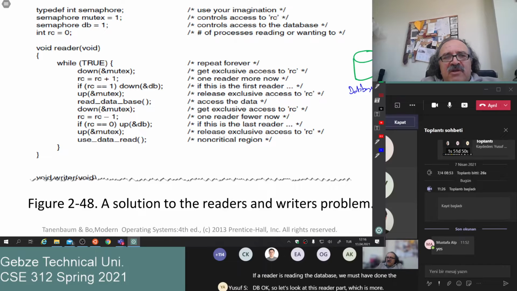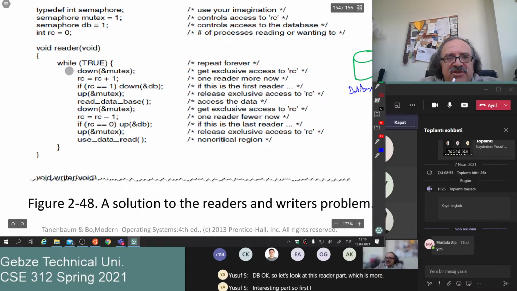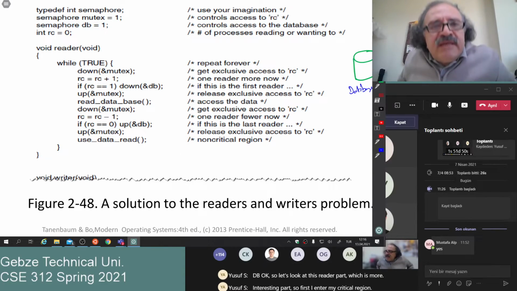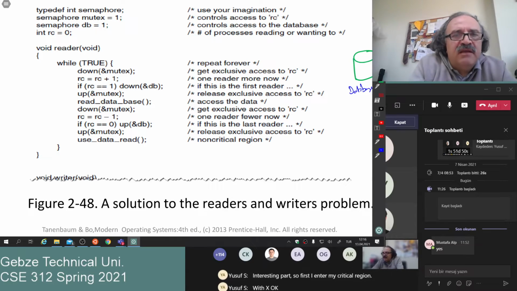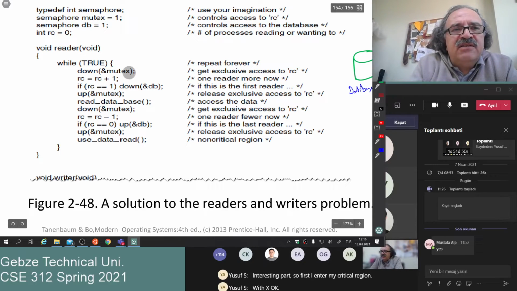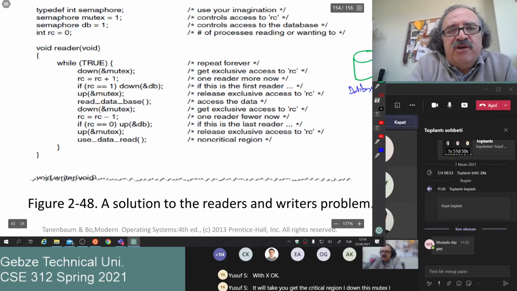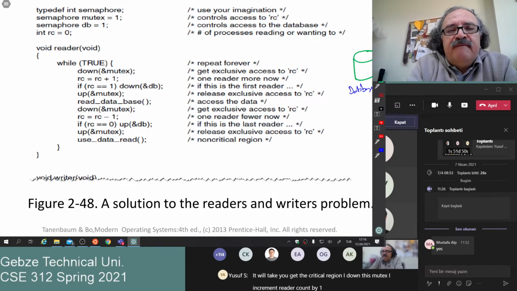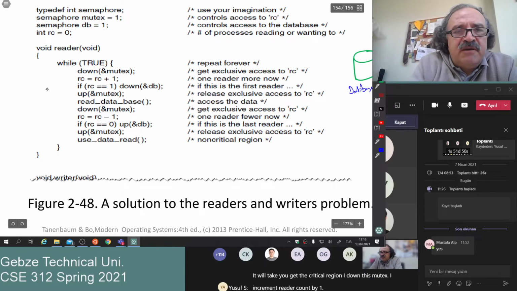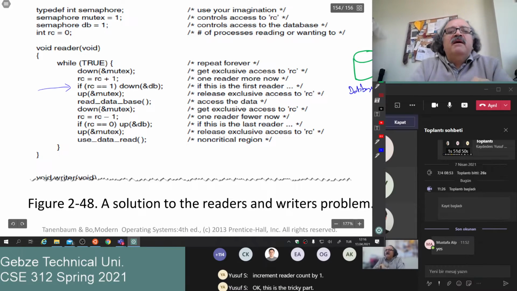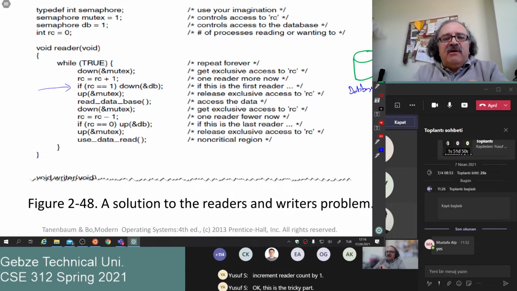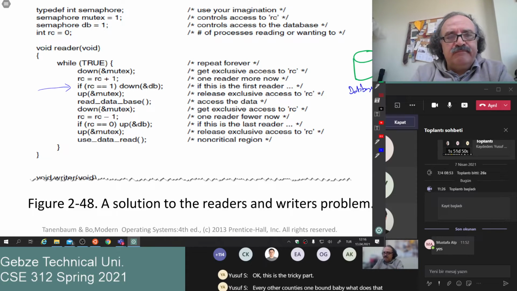First I enter my critical region: to be able to get the critical region, I down this mutex. I increment the reader count by 1. And okay, this is the tricky part.